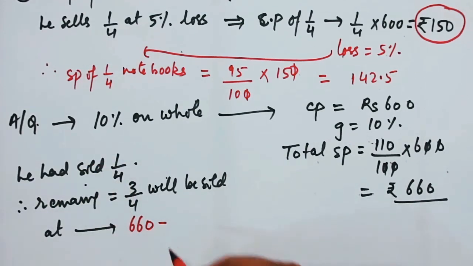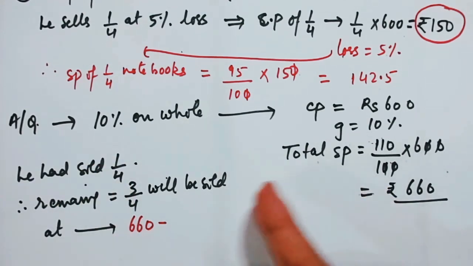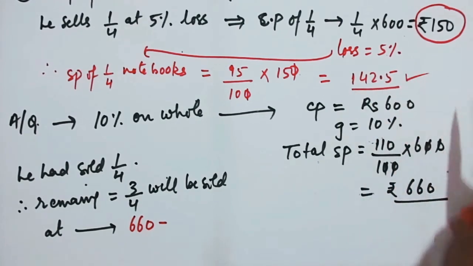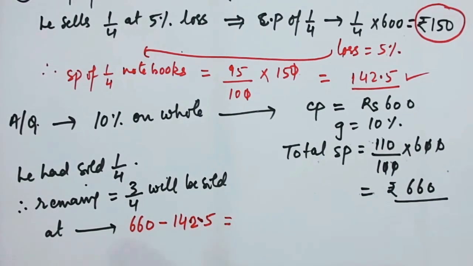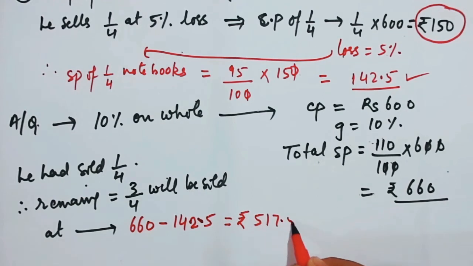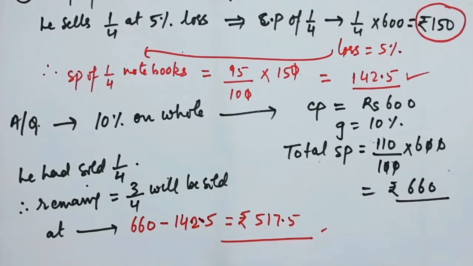So the selling price of 1/4 is equal to how much? Right now I found it out as 142.5. Therefore, the remaining 3/4 would be sold at rupees 517.5. I hope this was clear.